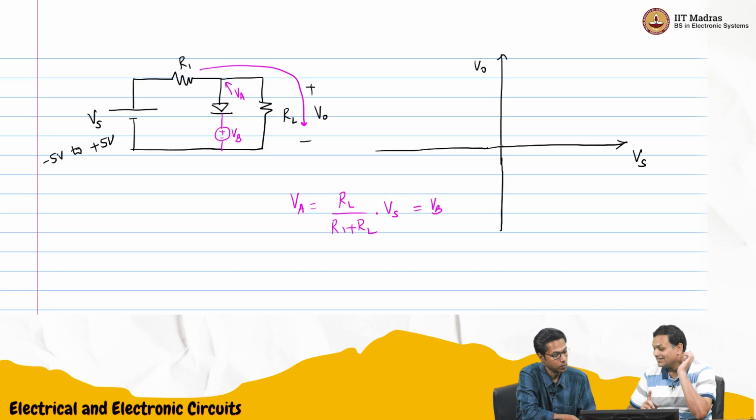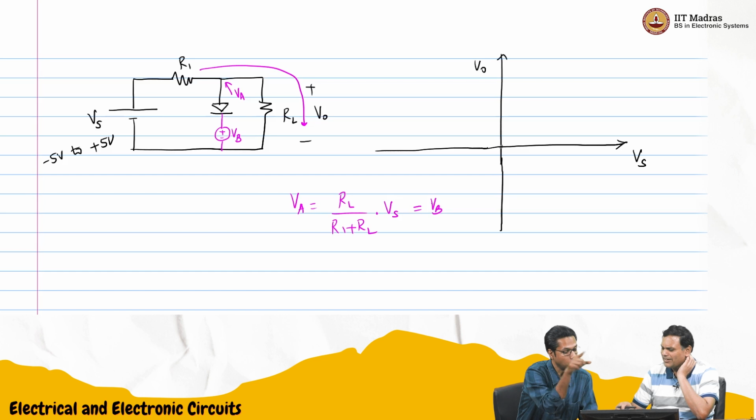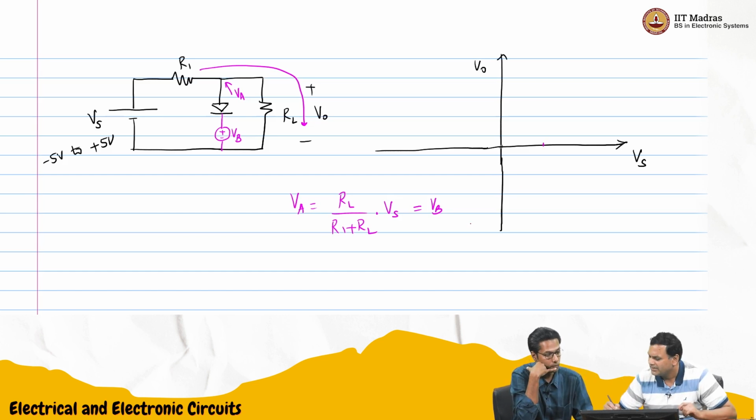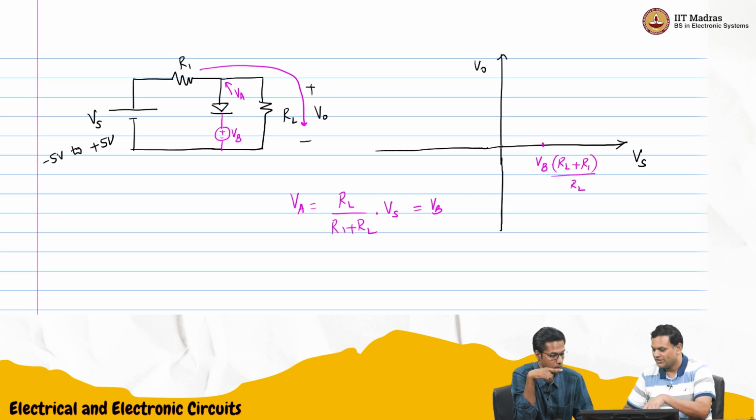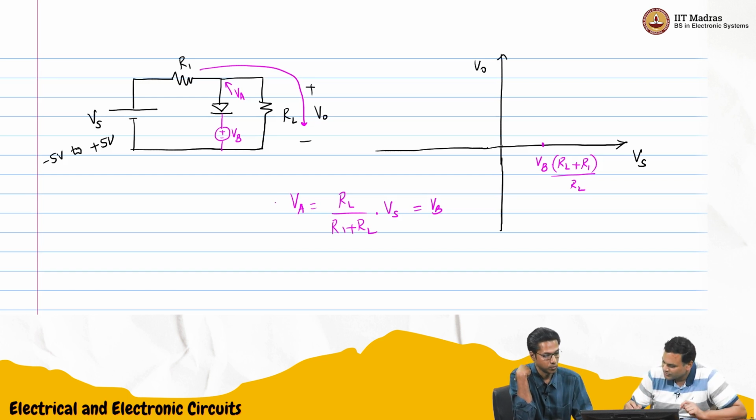So we can say Vs equals VB times R1 plus RL by RL, till that point. Till that point, the output voltage will be RL by R1 plus RL times Vs, which is VA. Output voltage is VA actually.